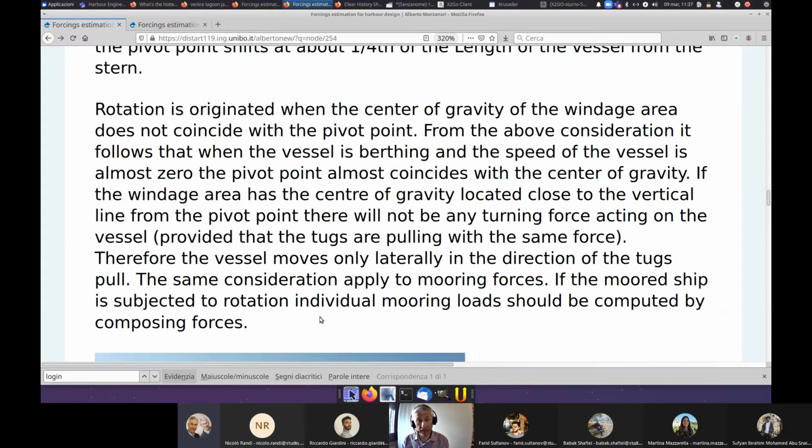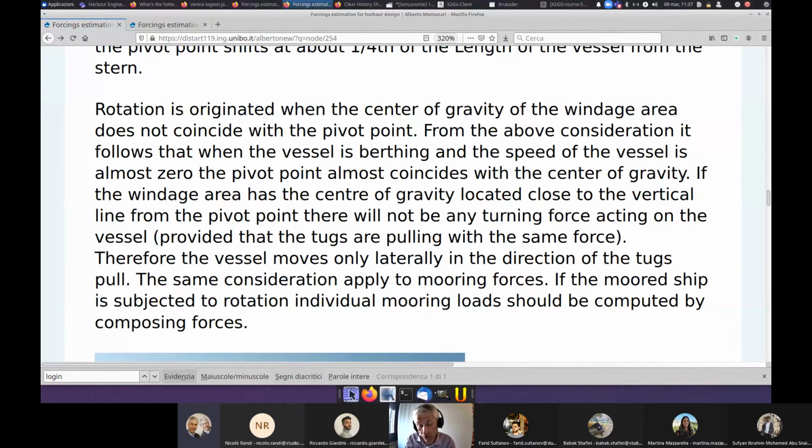Of course, when the vessel is berthing, the velocity of the vessel is close to zero, and therefore the pivot point is almost coincident with the center of gravity of the underwater body. So we can locate what is the location of the pivot point that is interesting for us.